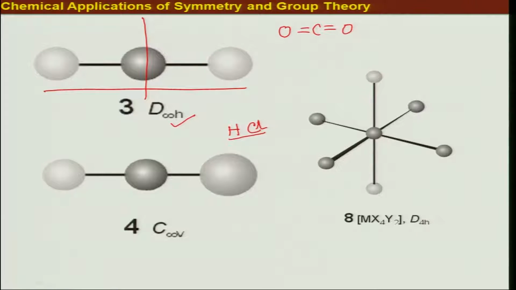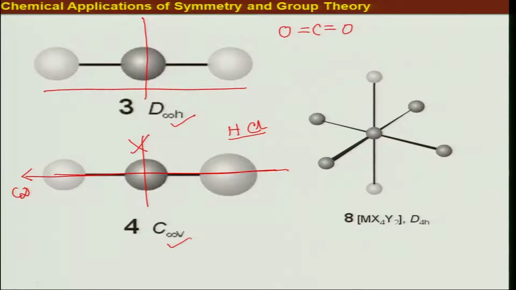But here let's look at this. I have a C infinity axis here, but I do not have a sigma H plane. So the next question will be, are there infinite sigma V planes here? Yes. You can imagine many sigma planes in this orientation or any other orientation.